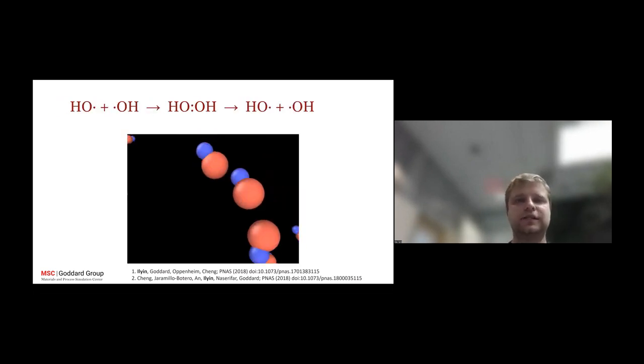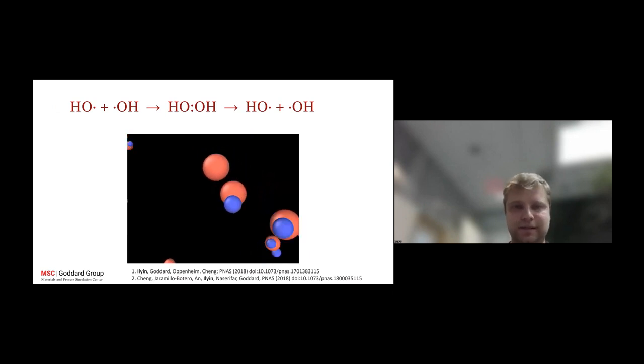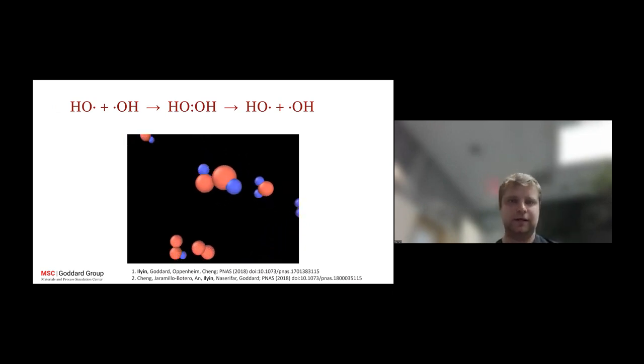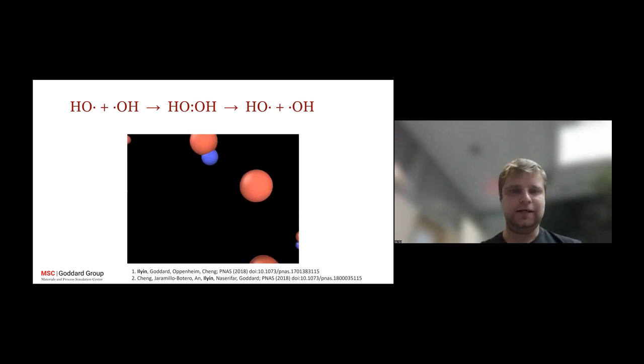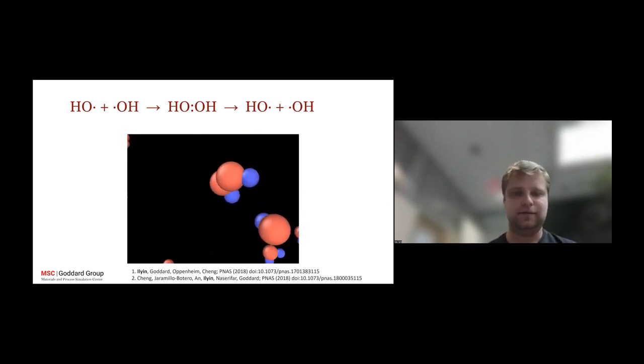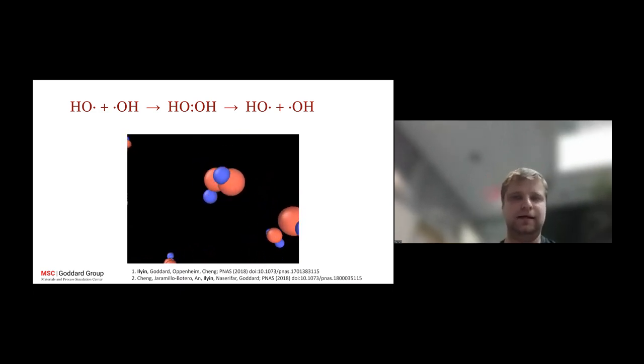And then there were interesting interactions such as this temporary rotational interaction between two OH radicals where they would collide together, spend some time spinning, and then go back out and separate.